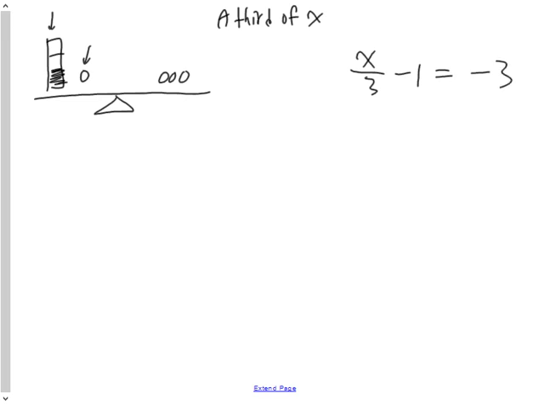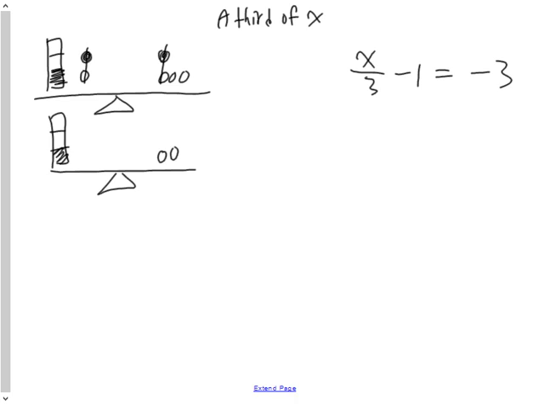In this equation, we have a constant, negative 1, and as we said before, the first thing you should always do is get rid of your constant. So from a modeling perspective, I'm going to put a positive 1 on this side, and do the same thing to the other side. When I do that, my next picture is a third of x is equal to negative 2.